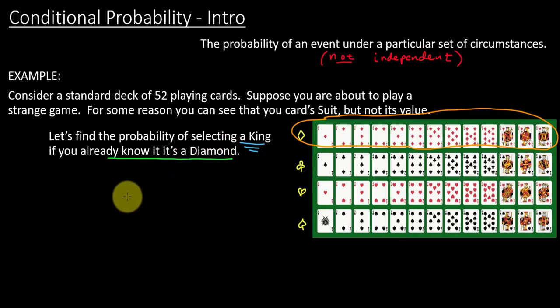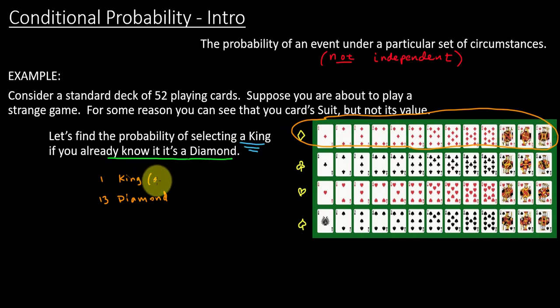So we know that there are 13 diamond cards. And you know you've got one of them. That's what's known. The question is, what's the chance that it's the king? In these 13 cards, how many of them qualify as being a king? There's one king. That king is also a diamond, right?